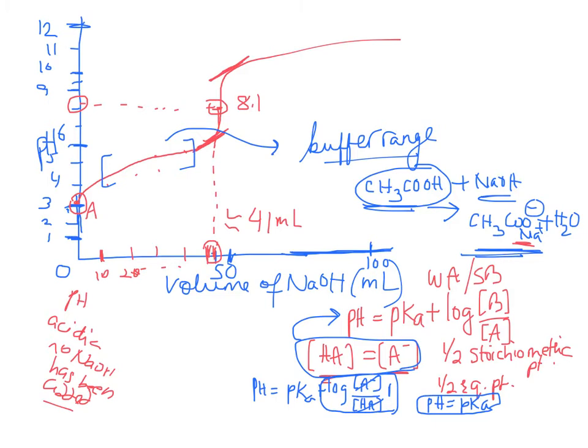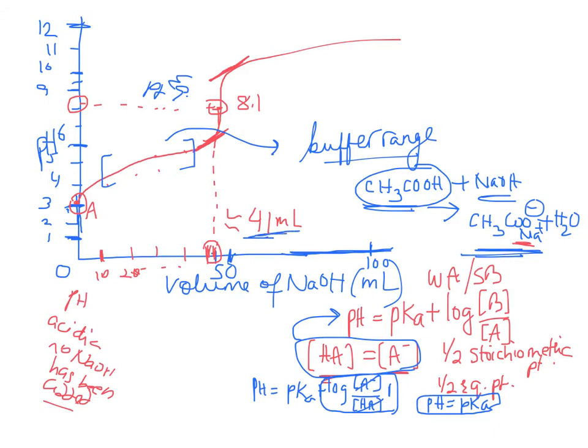So experimentally, how could you determine that? Since we know the point of inflection is my equivalence point, and that was 41 milliliters, and of course I'm not using a ruler here, this is approximate, but in a real lab setting you would be using a ruler.